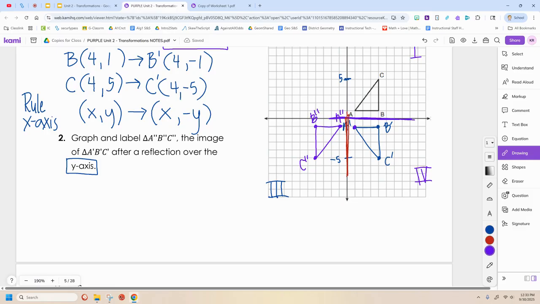Okay. So let's use B prime and see if we can figure out the rule. So B prime was located at (4, -1). And now B double prime is located at (-4, -1).